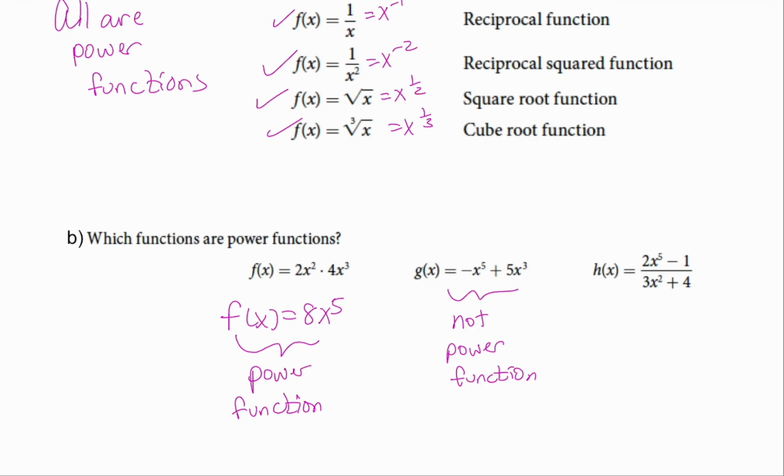Now, it's the sum of individual power functions, but it is not considered a power function. So then this, way too complicated, not a power function. So the only one that is a power function is our first one here.